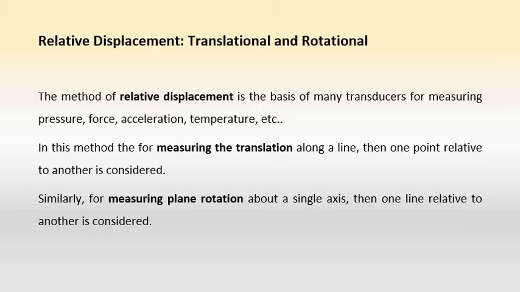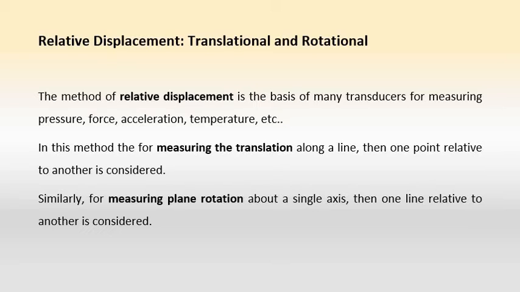That is, in such a measurement we consider one point somewhere in the line with respect to some other point. By this concept the measurement is done while measuring a movement along a line.